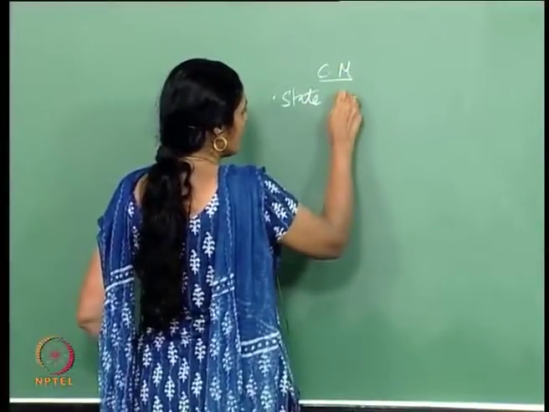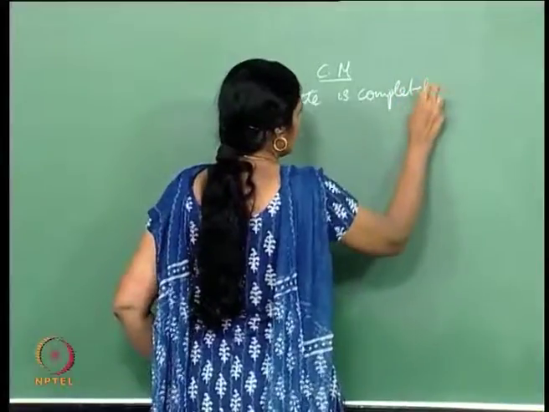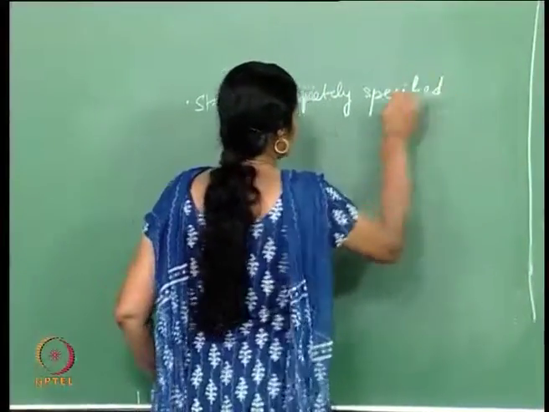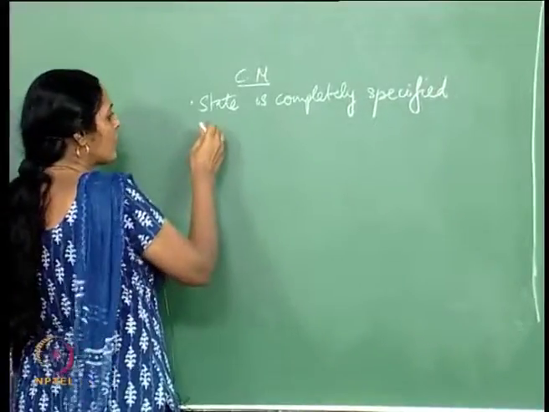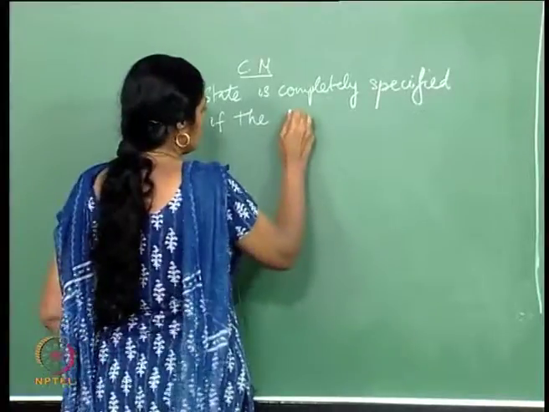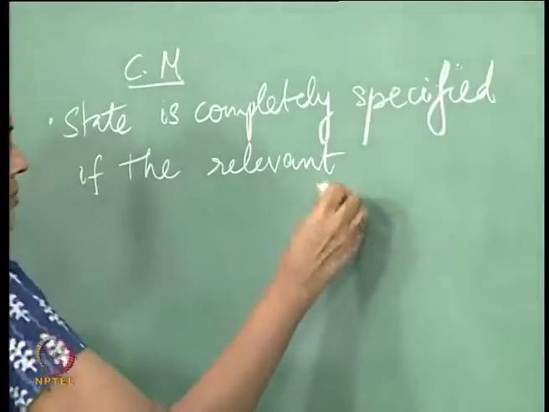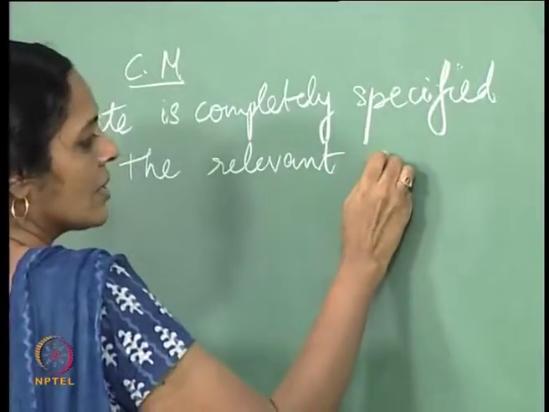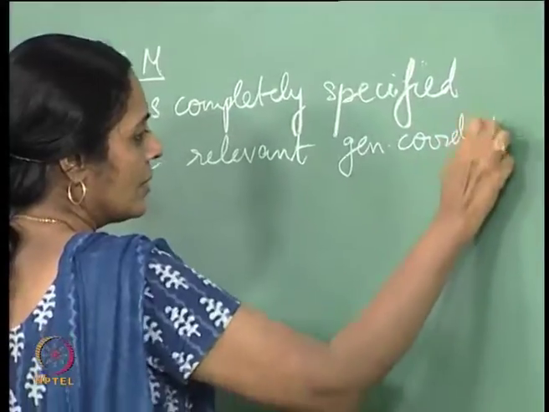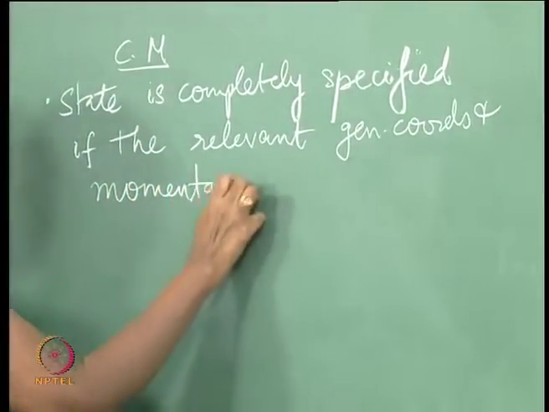In classical mechanics, the state is completely specified if the relevant generalized coordinates and momenta are specified.